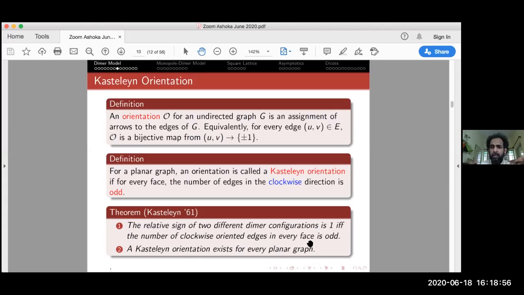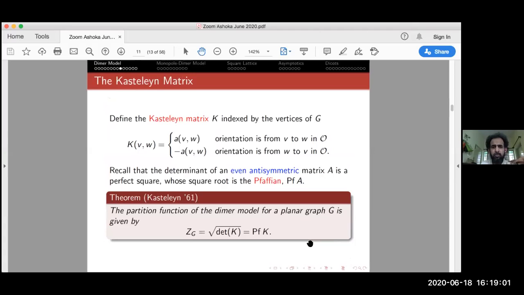So he essentially proved the following. Take the adjacency matrix of the graph and give it a sign, by assigning a sign in the following way.